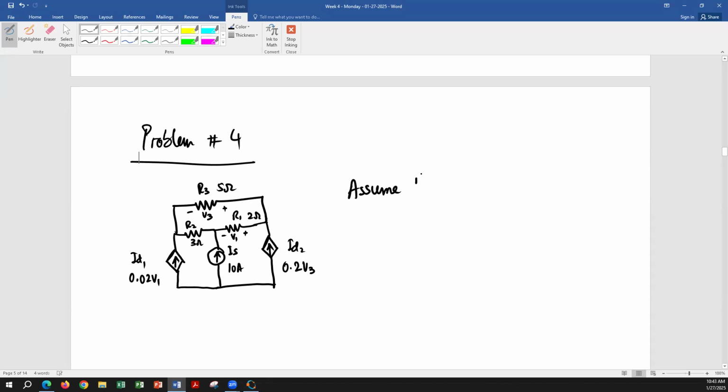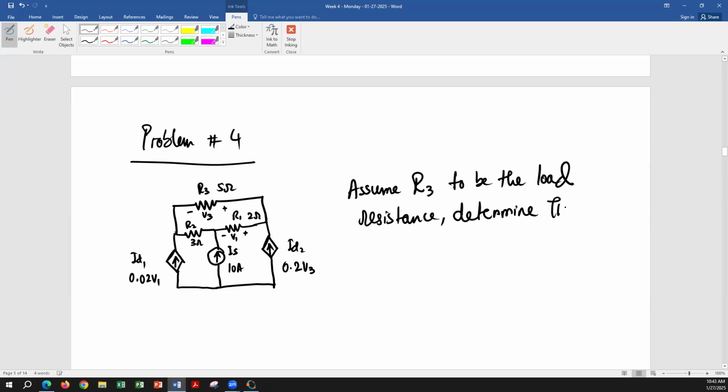Assume R3 to be the load resistance, determine the Thevenin equivalent circuit across it.